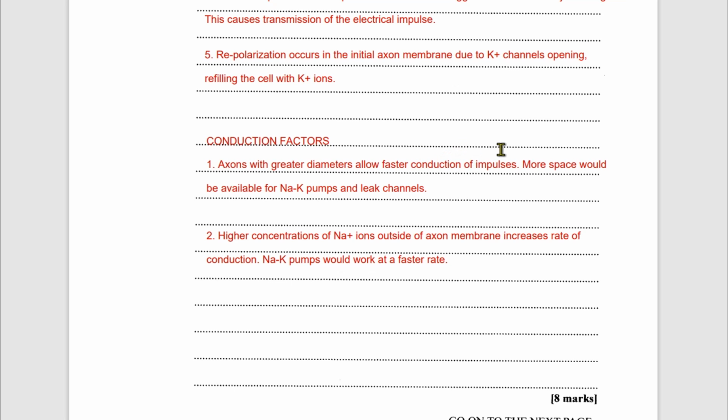On the membrane itself there are a lot of pumps and channels, and having a greater diameter, think of it as more surface area on the membrane, would allow more pumps and more leak channels, so that the entry and exit of ions can occur at a faster rate.